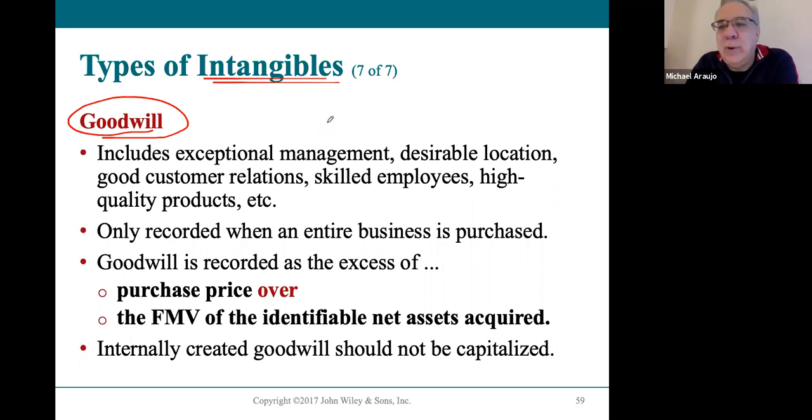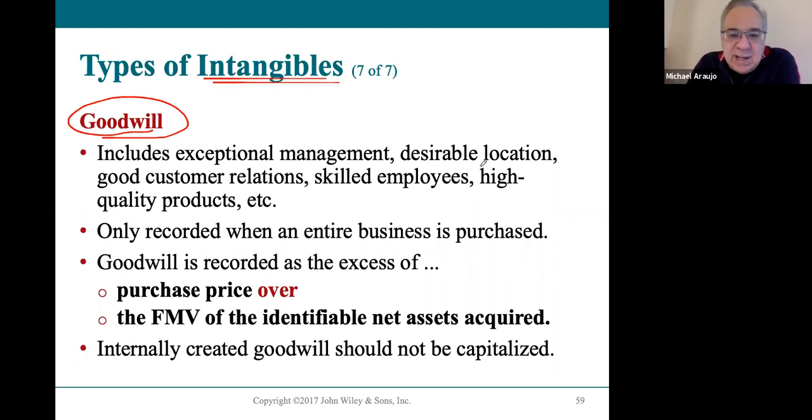Now, usually when you buy another company, you're looking at the balance sheet, saying, okay, I'm buying the building, I'm buying this equipment and so forth. It has this type of a value. The company's profitable, I'm buying the earnings. So we tend to look at the financial statements to figure out what the real value of the company is.